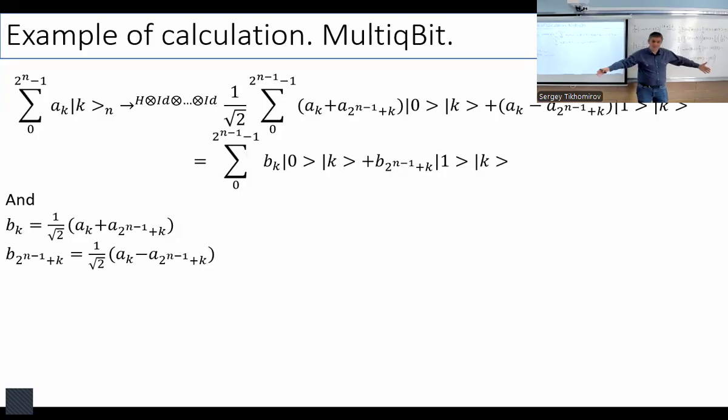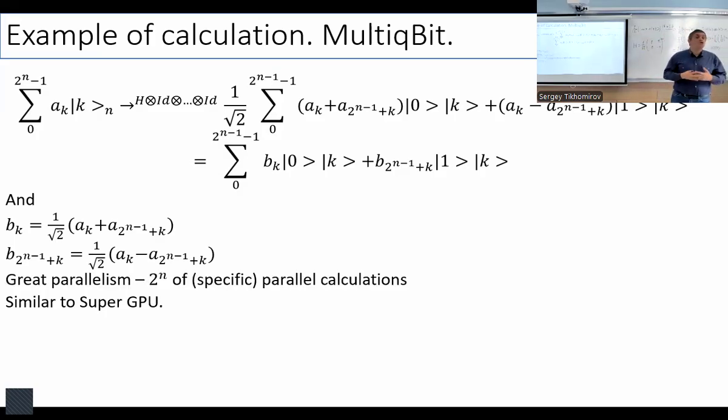Imagine that n is equal to 100, and this is 2 to the power of 100 calculations in one cycle of the computer, in one time element. This is a huge parallelism, and this is the way we get a profit from quantum. There is quantum memory, but for calculation, this is the profit.